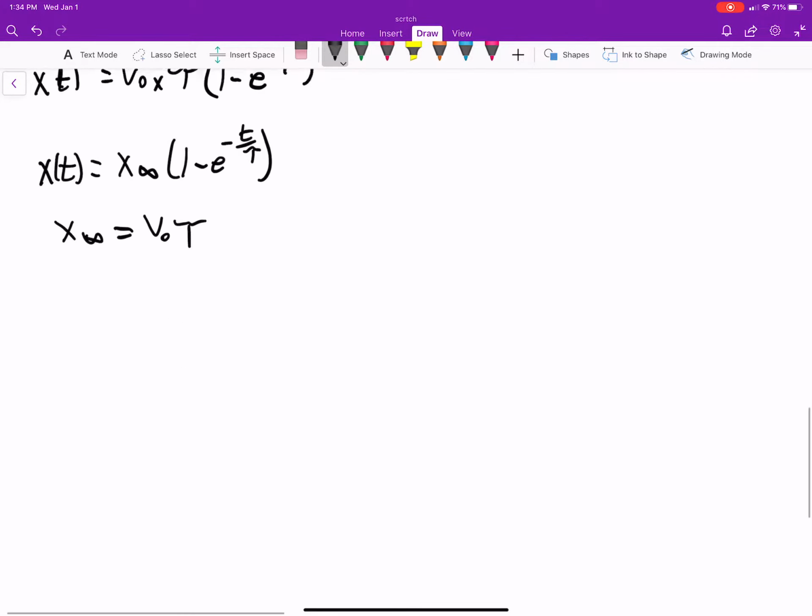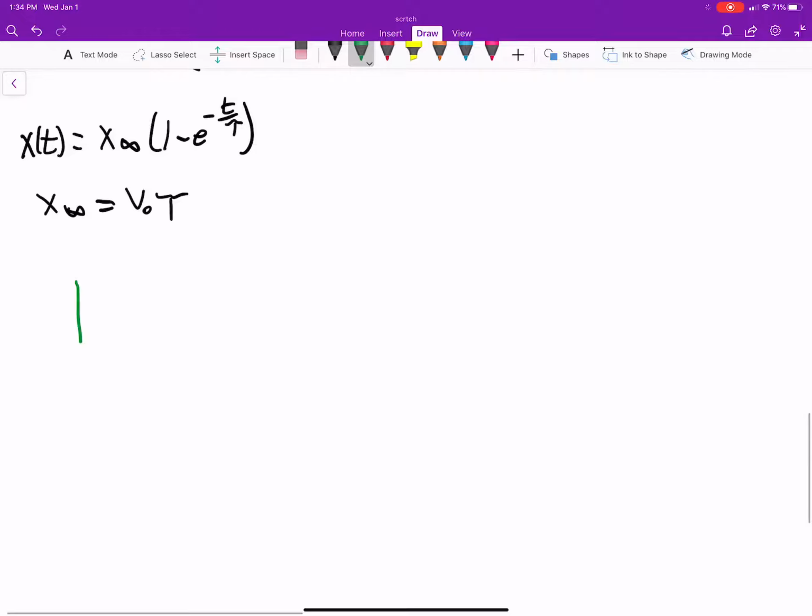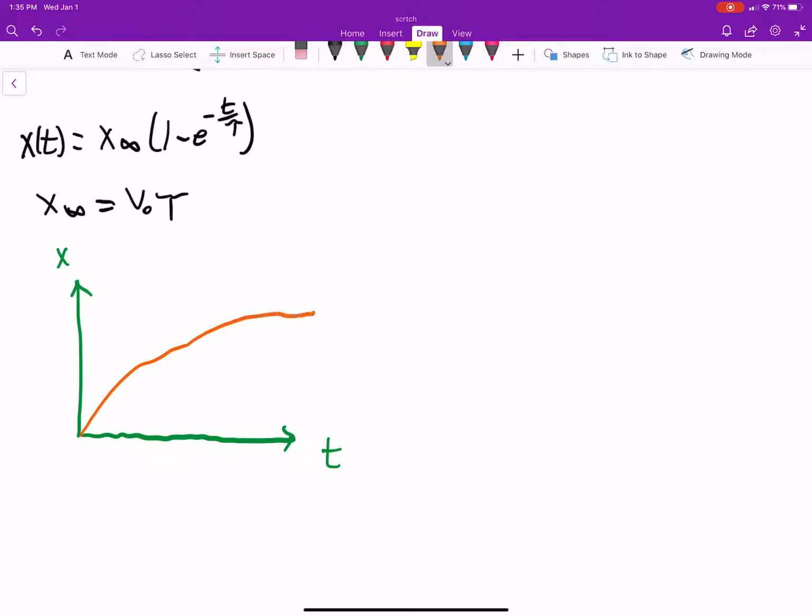And graphically, if we were to imagine that, the reason why I did that notation is because I think graphically it'll help us understand it better. Let's say this is x and this is time. What does our graph look like? Well, it's going to look something like this. And it's going to eventually asymptotically approach x sub infinity.